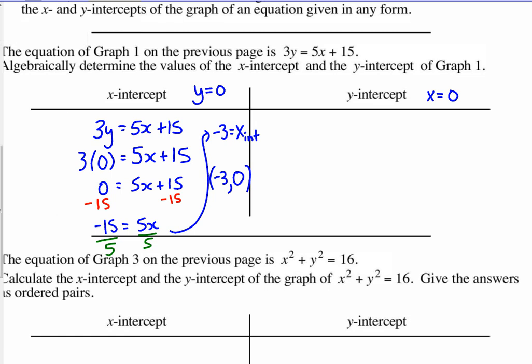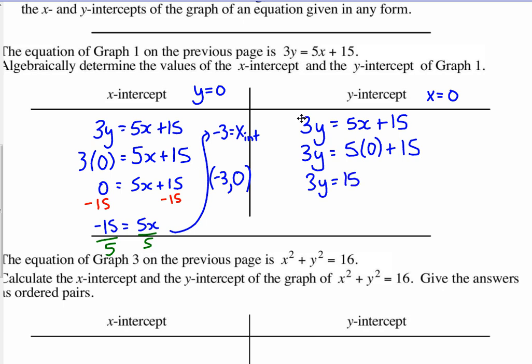I'll just start the video here. Okay, so for the y-intercept, x is 0. So we sub in, we have our equation, and we're going to replace x with 0. Replacing x with 0: 5 times 0 is 0, or 0 plus 15, what's that? 15.